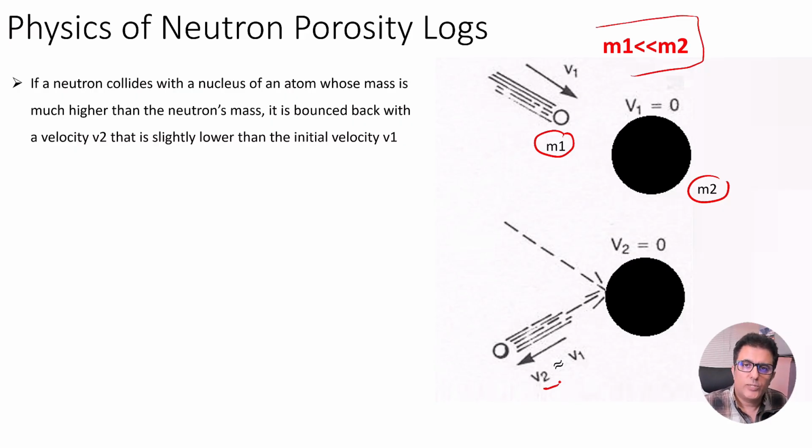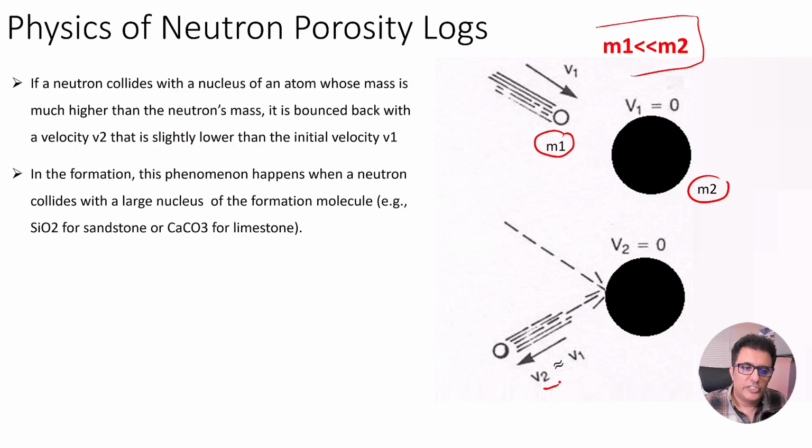So what I want to say here is that as a result of this collision, the energy of m1 will not be attenuated significantly. So when this happens in the formation, if a neutron collides with a large nucleus of a formation molecule, for example, for sandstone SiO2 or for calcite CaCO3, in that case, because the nucleus has very large mass, the energy of the neutron will not be attenuated significantly.